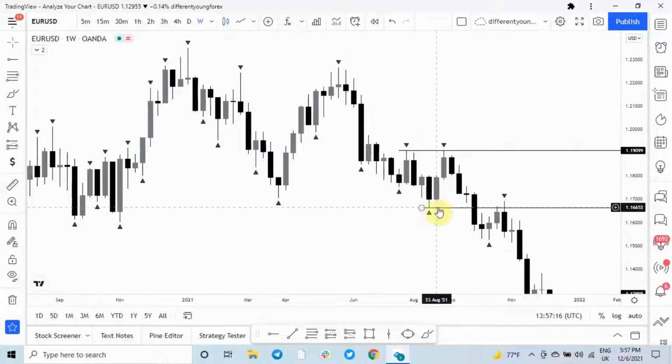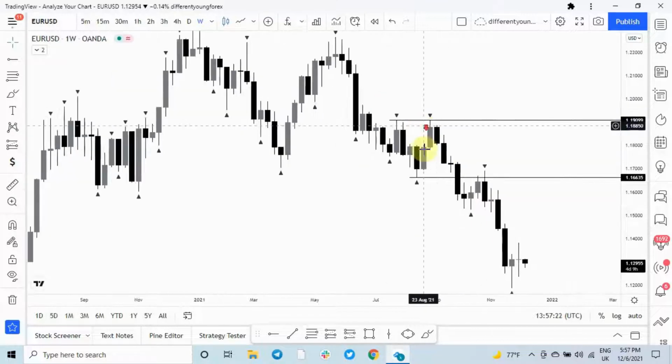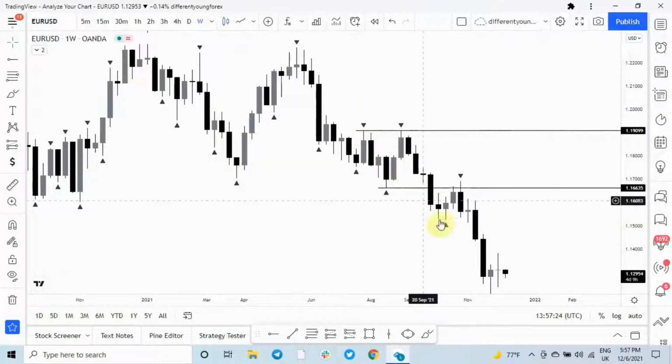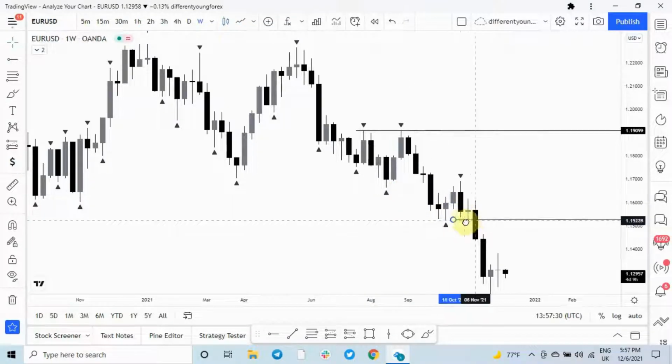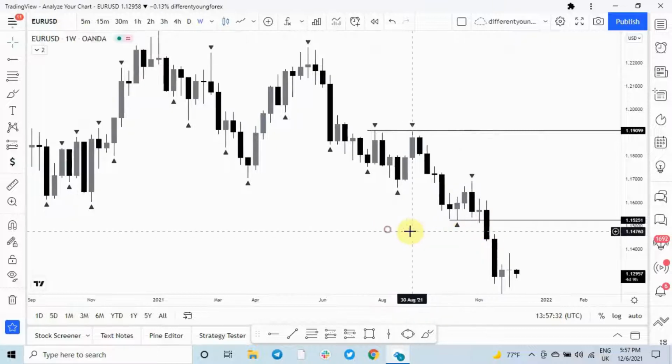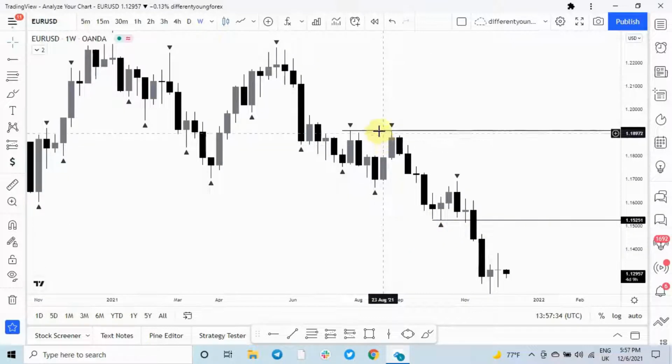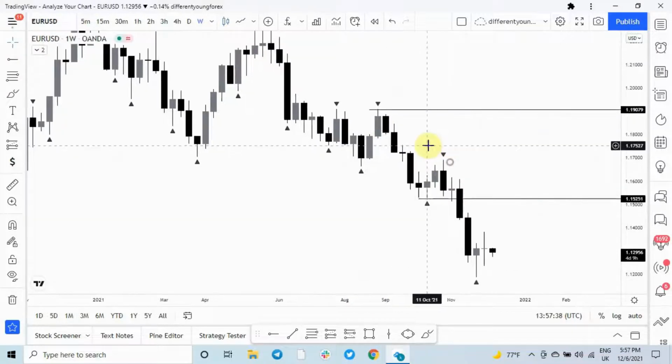Price came back, pulled back, and created equal highs, and could not break and close above them, and started coming back down again. So again, the market created a fractal low. We will make it the weekly low, and then our weekly high will be this fractal high. This is the closest one and the most recent.